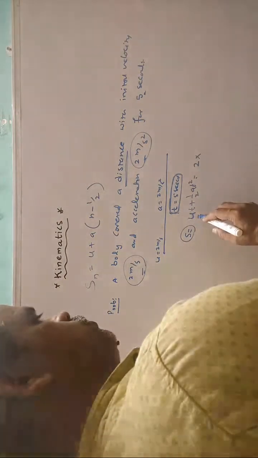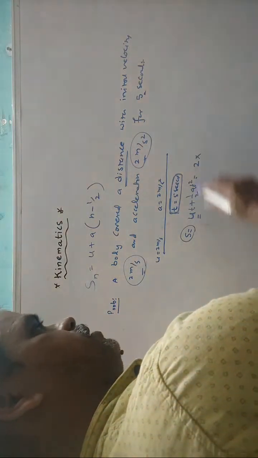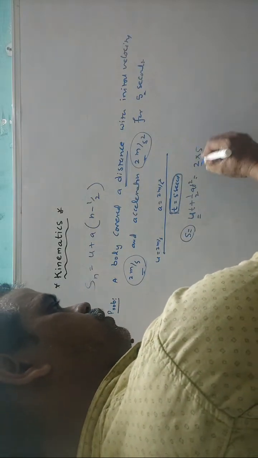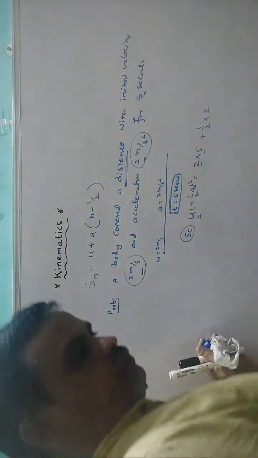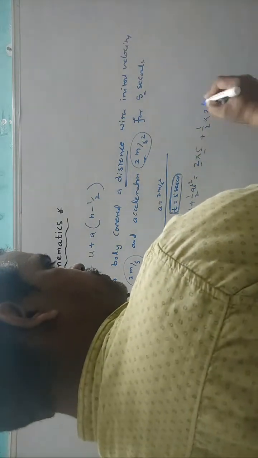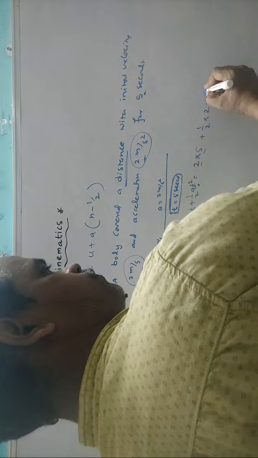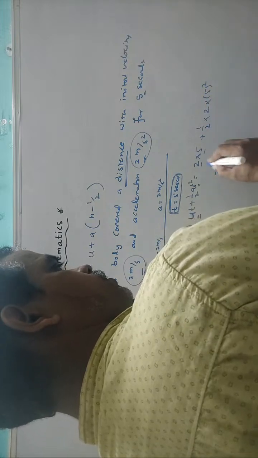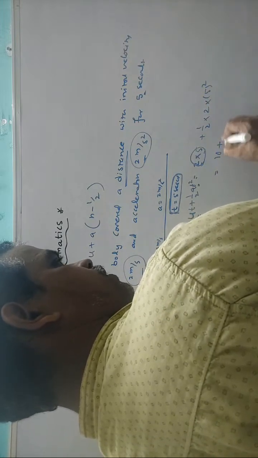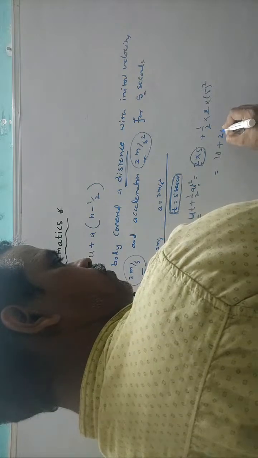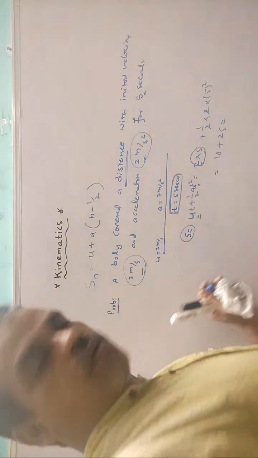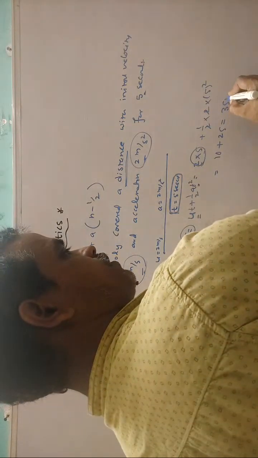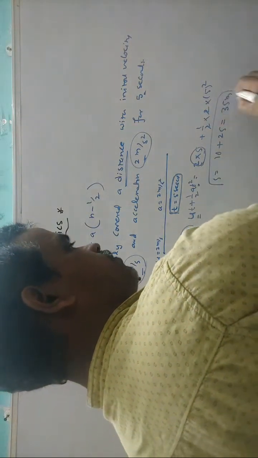u equal to 2 meter per second, t is 5 seconds: u into t plus half into a, which is 2, into t square, that is 5 squared. You get 2 fives are 10, plus the 2s cancel, 25. So I got 35 meter.